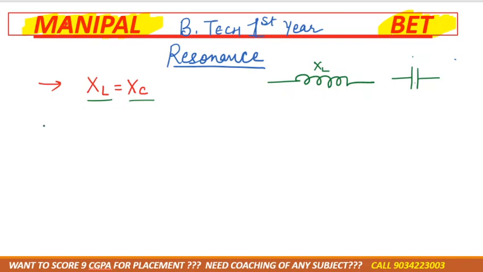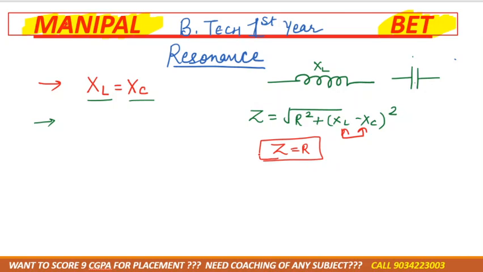Another condition: normally the formula of impedance is Z equals root of R squared plus (XL minus XC) whole squared. But if XL is equal to XC, then Z would be equal to R only.